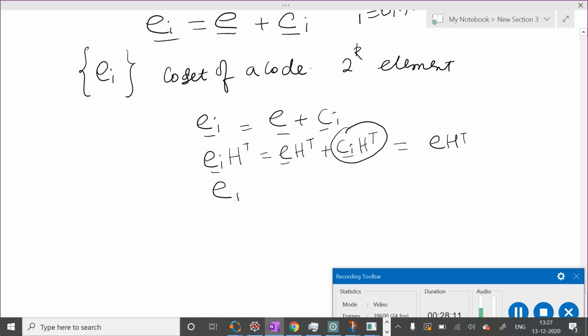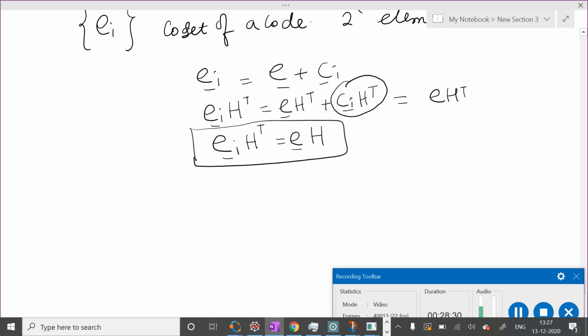So you see, Ei is an error pattern which differs from the error pattern E by a code word. All such error patterns have the same syndrome. So this is one important property.